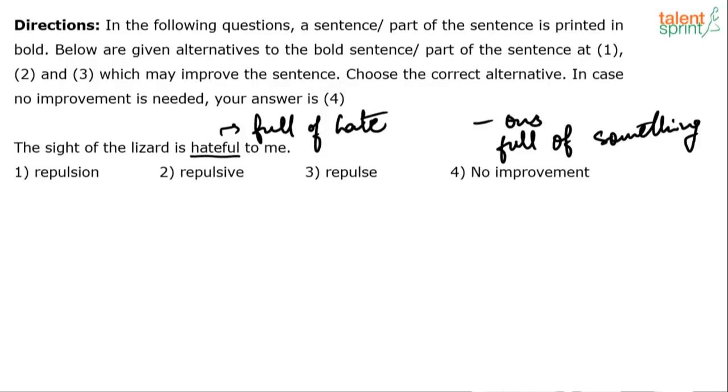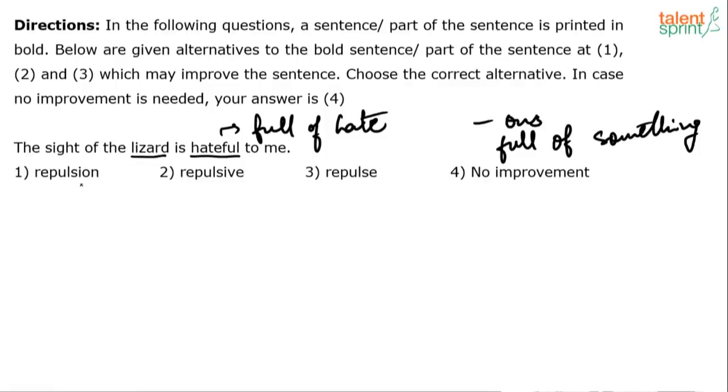Now, why would you hate a lizard? Okay, hatred comes out of probably something that has gone wrong with something. It does not have to do with disgusting. Okay, because the sight of lizard should be disgusting and not hateful, right?